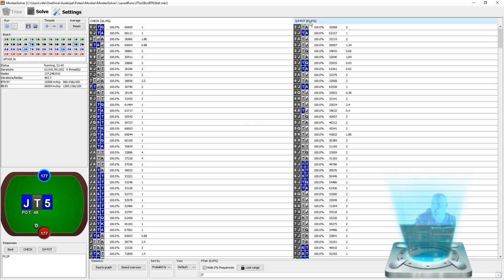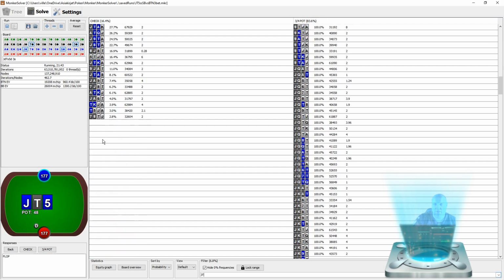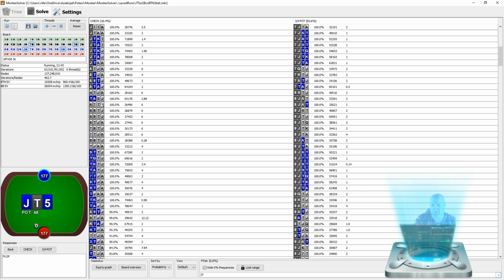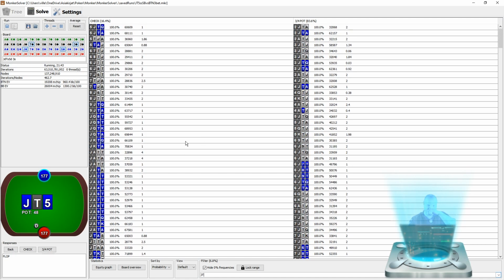Well, Jack 10 overall bets 83% of the time, and the ones we check, most of those are with the flush draw. There are some Jack 10 8-6, but Jack 10 8-9 is a bet. So once again, simplified, you could bet most of them. Check the crappy ones and the strongest ones, like Ace King Jack 10, King Queen Jack 10 with the flush draw. Check-raise those ones if you want to have a balanced checking range.